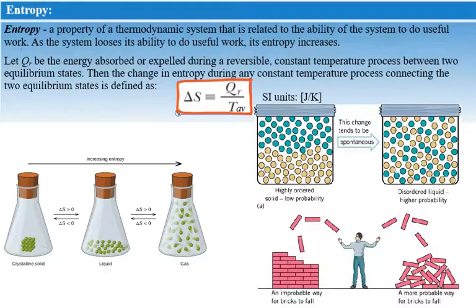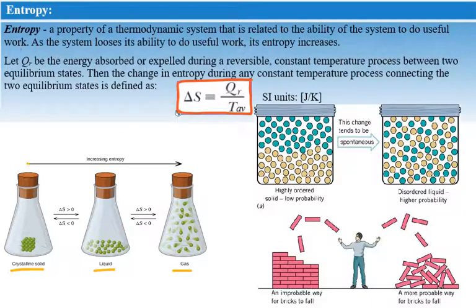The second law of thermodynamics states that in a reversible process the entropy of the universe stays the same, whereas in an irreversible process, such as transfer of heat from a hot object to a cold object, the entropy of the universe increases. In the pictures, you have a crystal solid, then liquid, then gas.